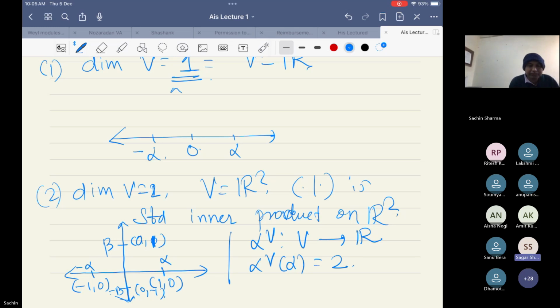Note that here the standard inner product is given.